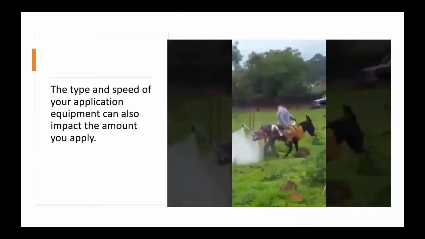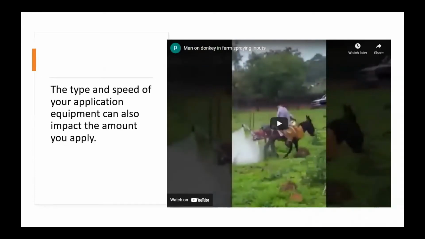In addition to the previous factors, there are several other things that can impact the amount of pesticide applied to a site. The amount of pesticide you apply can be impacted by the type and speed of your equipment.